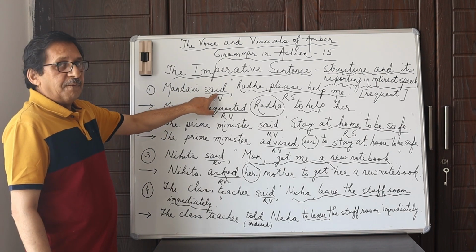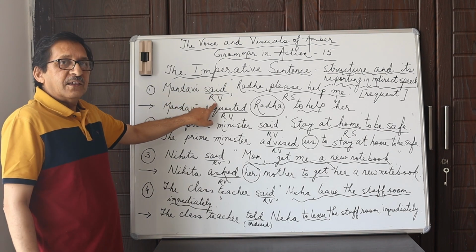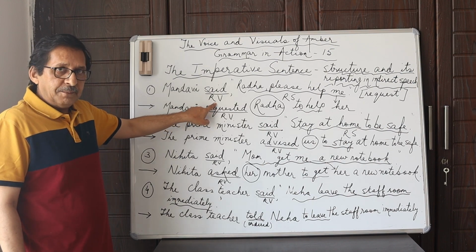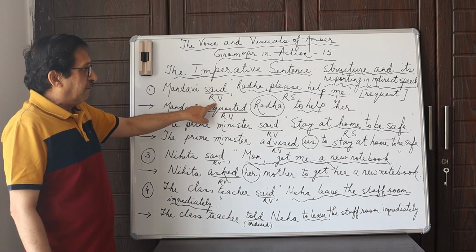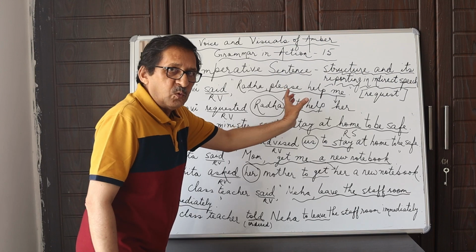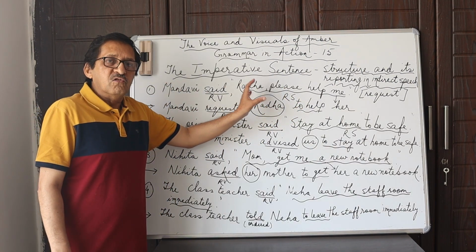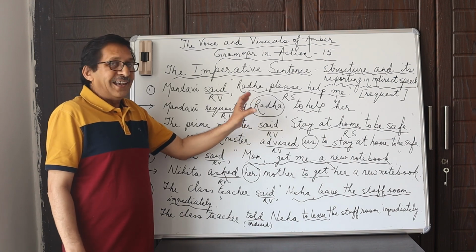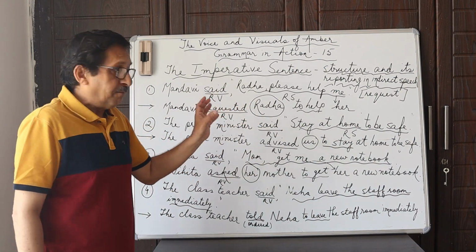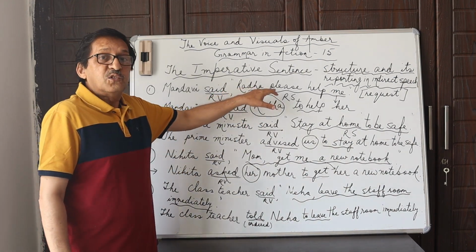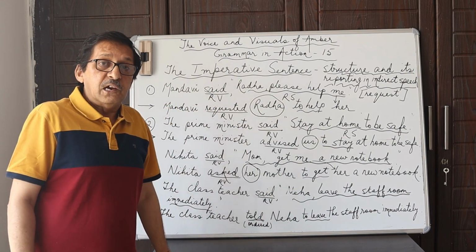So this particular verb, said, is called the reporting verb, RV, reporting verb. And the exact words that Mandavi had said to Radha, or the exact request that she had made, is the speech which has to be reported.